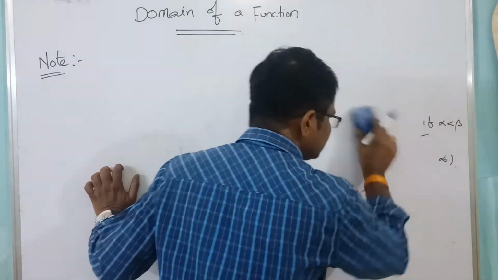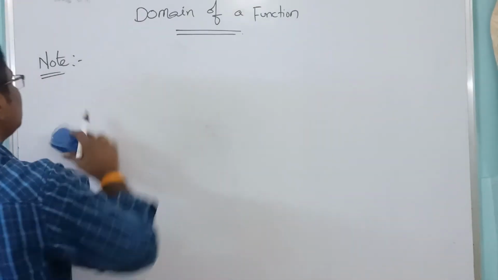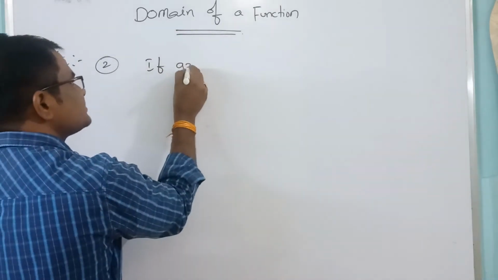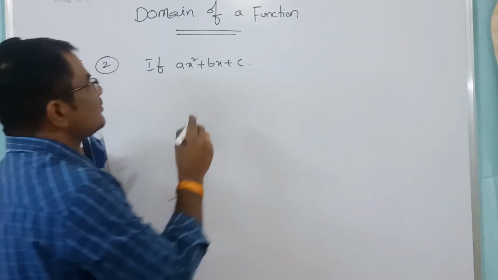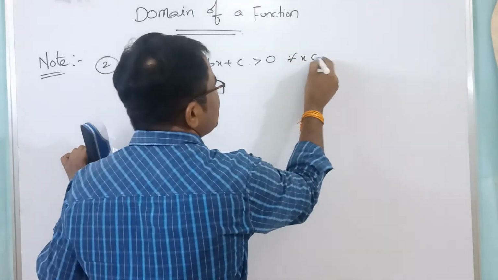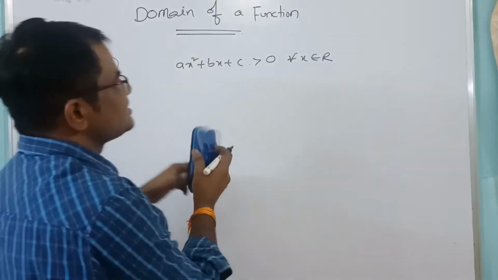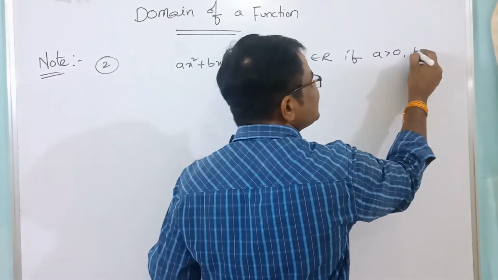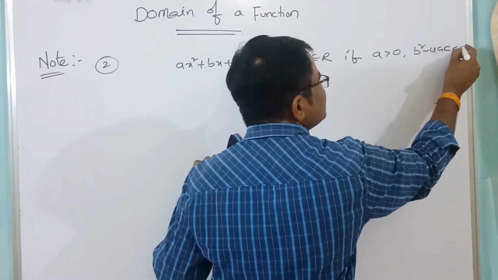Note 2, this condition is also an important one in quadratic equations. If ax square plus bx plus c, a quadratic expression, is greater than 0 for all x belonging to real numbers, it is greater than 0 when a is greater than 0 and discriminant b square minus 4ac is less than 0.